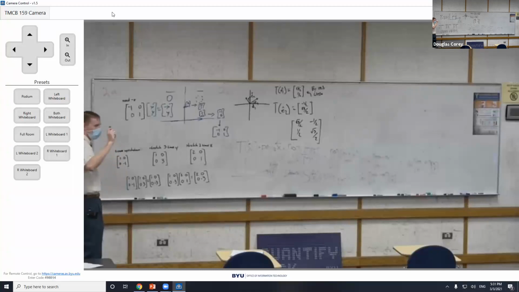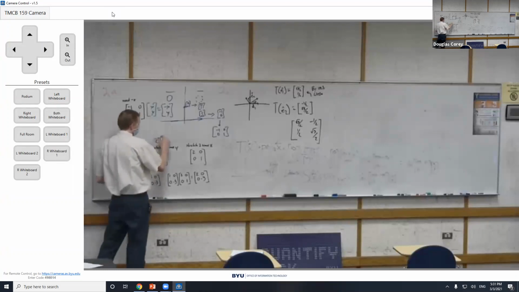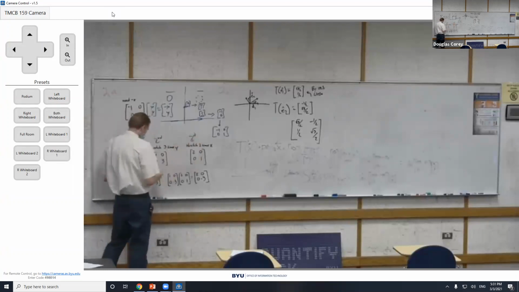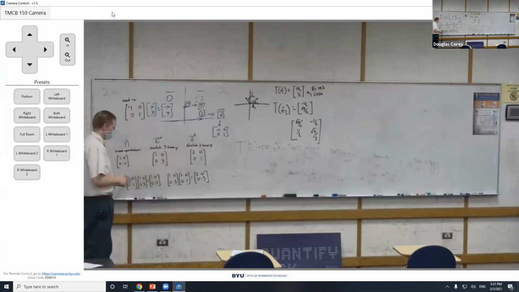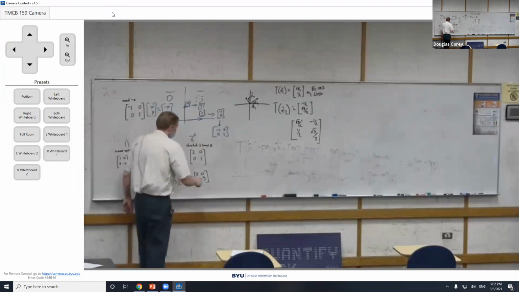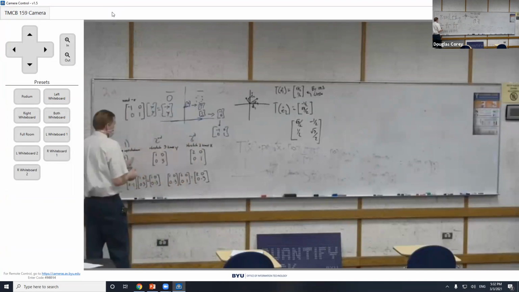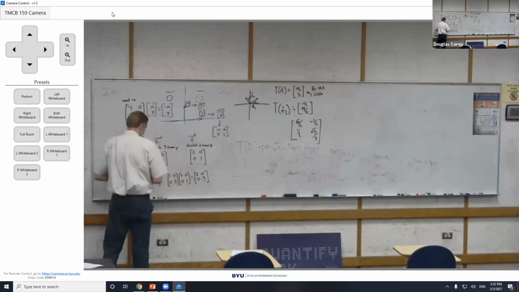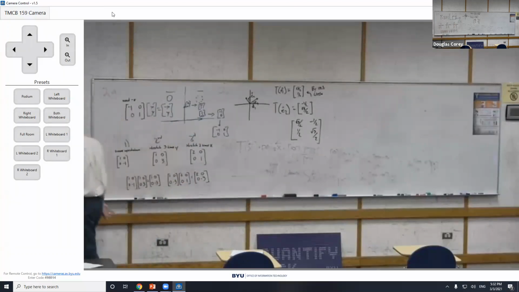It does usually matter what order it goes in. So if we wanted to do this one first, this one second, and this one third, we're actually going to multiply them in a different order than what got done up here. In this case, it actually doesn't matter. You get the same thing in this particular case, but we have to be careful because sometimes it does. So what's the order? If I'm doing this one first, I need a place to write this down.